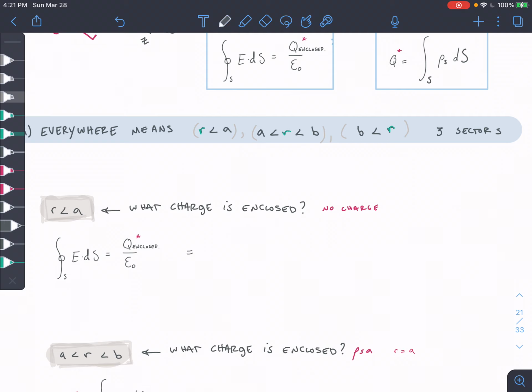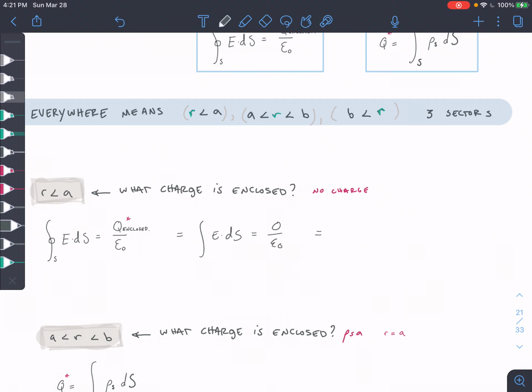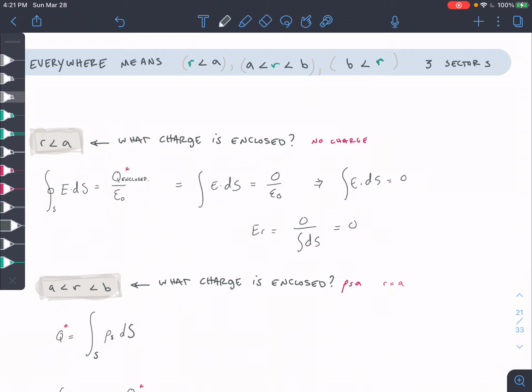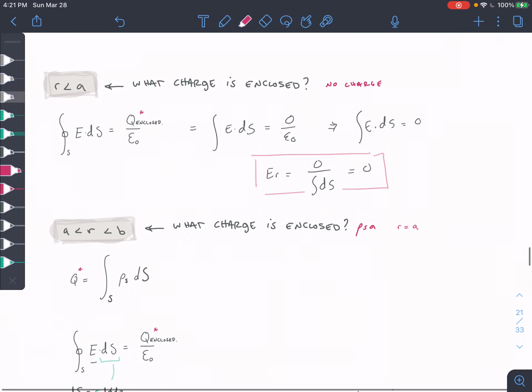Our expression is going to look like E · dS equal to 0 over ε₀, which simplifies to E · dS equal to 0. Then E_r equals 0 divided by the integral of dS, which is equal to 0. So for the first part, we just have 0. You could show that, or you could just write that it's equal to 0. I just wanted to prove that out to you guys.